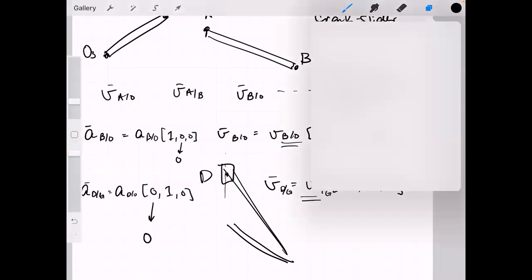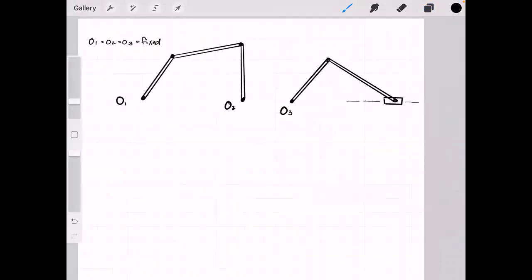So these mechanisms are definitely scary looking. Just remember, solve for position, then velocity, then acceleration.